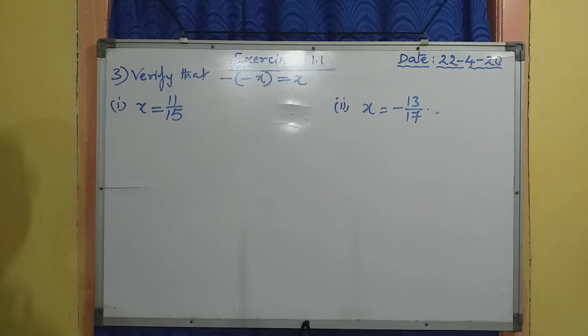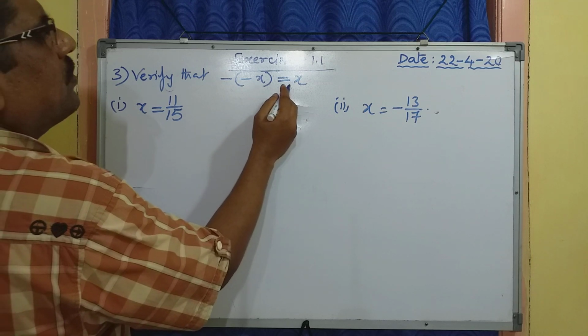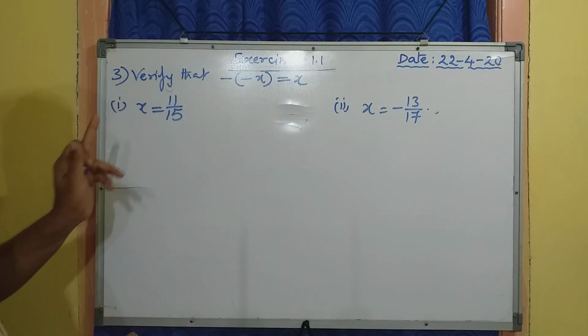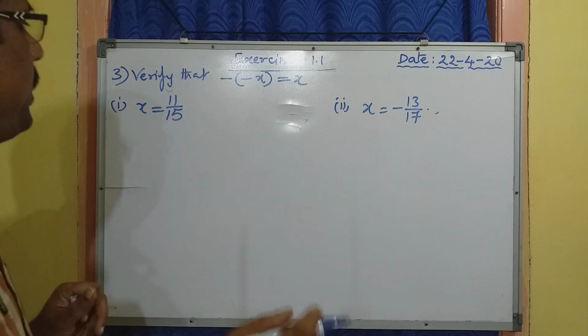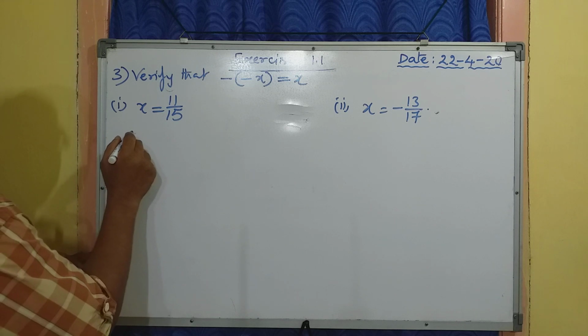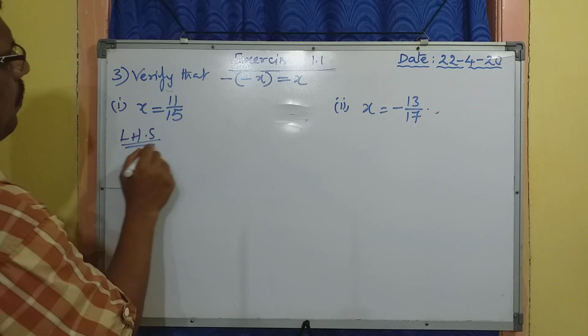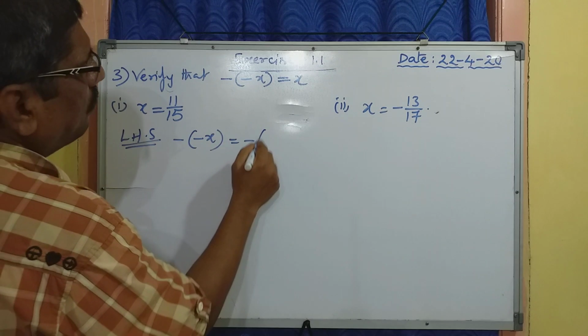Now the third problem. Verify that minus of minus x is equal to x. Now look at this. The first one, x is given as 11 by 15. Now let us take the LHS. LHS, minus of minus x. This is equal to minus of minus.